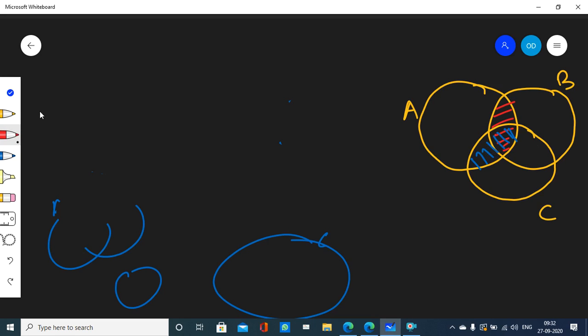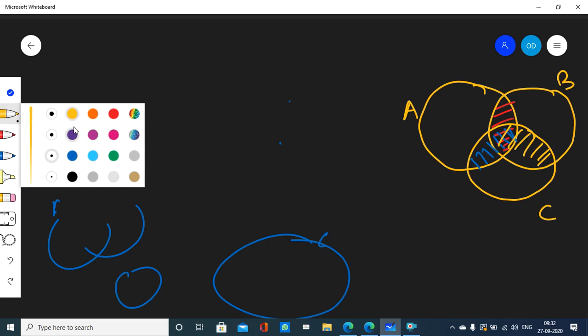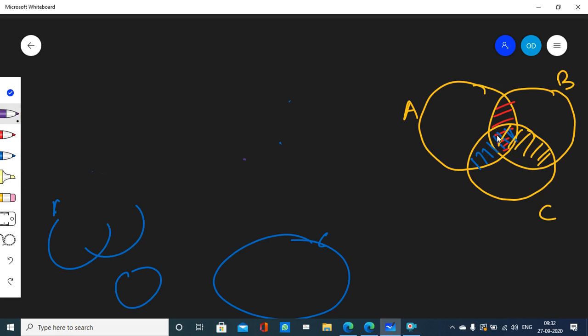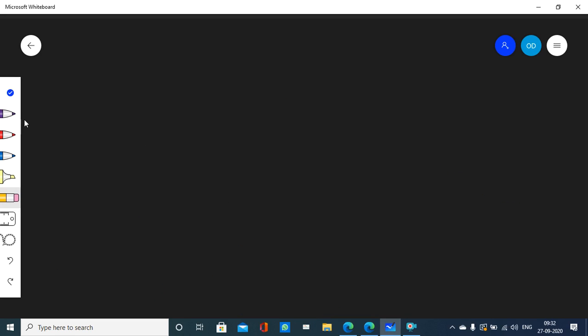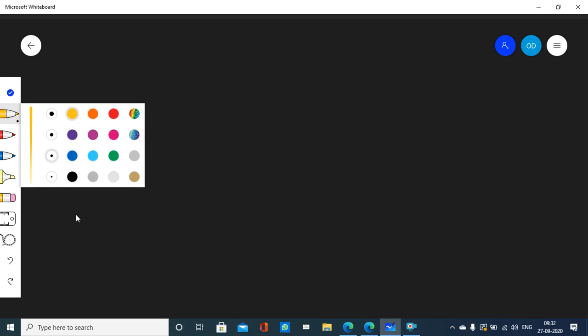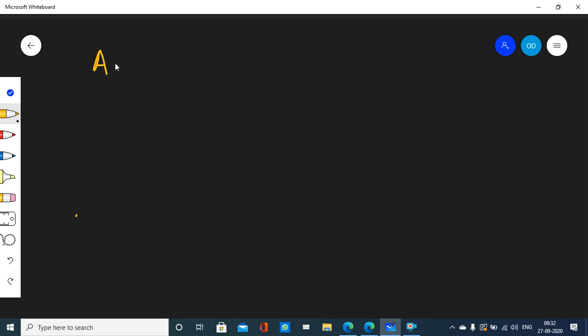All the elements here belong to B and C both. And think about this tiny portion. All the elements here belong to A, B, C, all three. You see for yourself, this is a general Venn diagram. You get it? Okay.